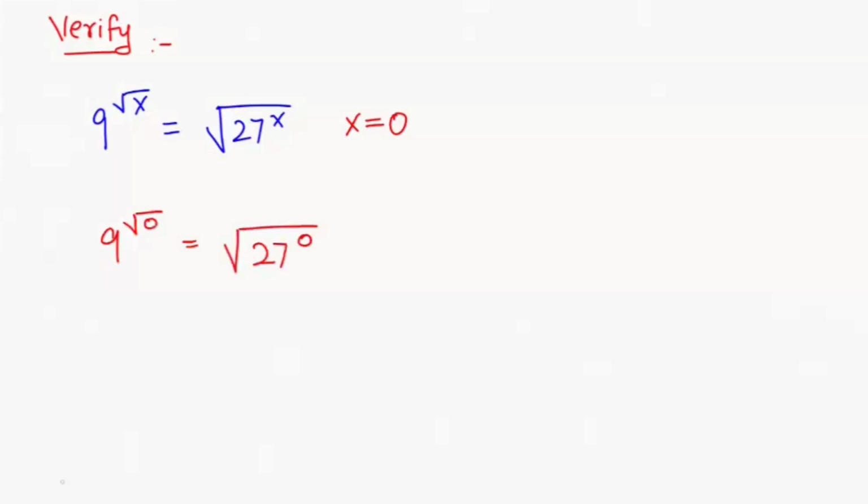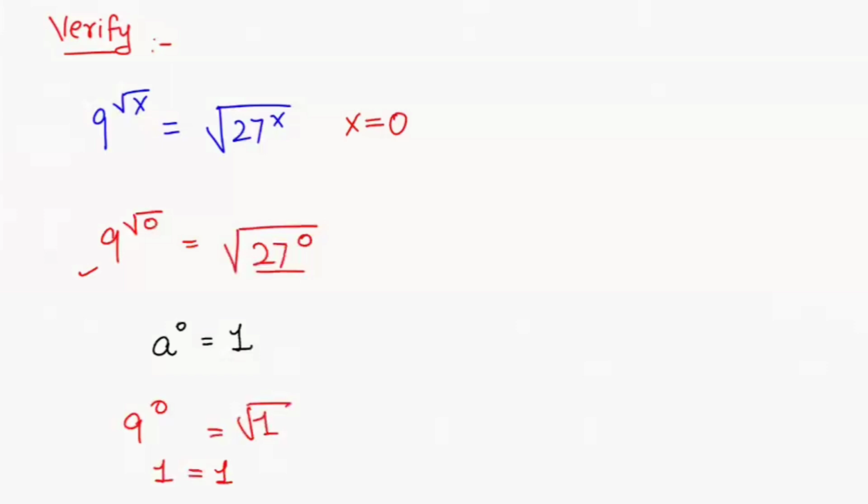And according to the exponential rule, a to the power of 0 is equal to 1. So here I will write 9 to the power of 0 is equal to 1, root of 1, and here this 9 to the power of 0 is equal to 1, which is equal to 1. So the left hand side is equal to the right hand side. So the value of x, that is 0, is absolutely correct.